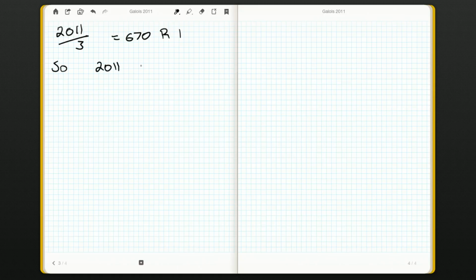So since we have a remainder of 1, well, this is one of those numbers that is of the form 3n plus 1. So the 2011th term will be 2.